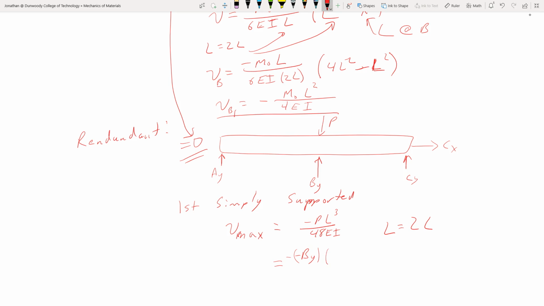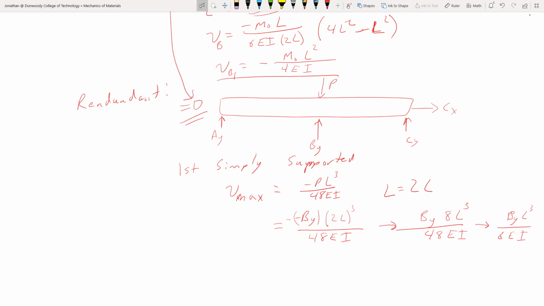L cubed is going to be 2L cubed. It's going to go over 48EI. So that transforms into BY 8L cubed over 48EI. It goes to BY L cubed over 6EI.